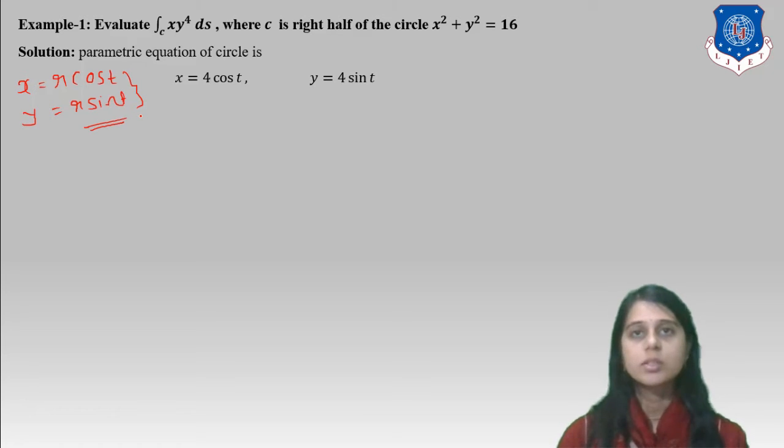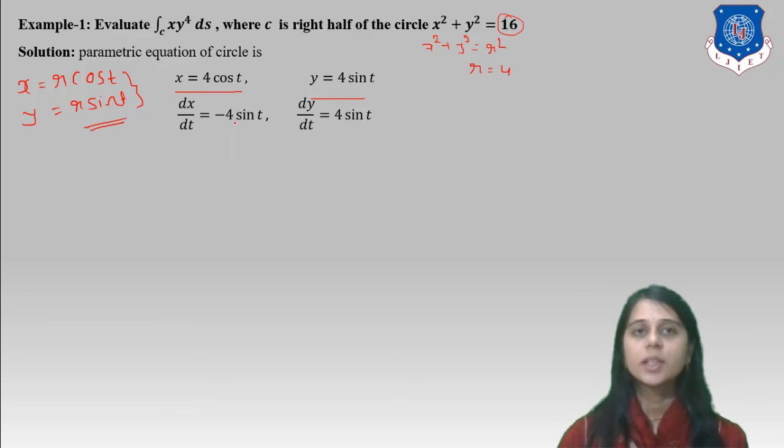Now what is r? Here x² + y² = r², so r = 4. So we take x = 4 cos t, y = 4 sin t.